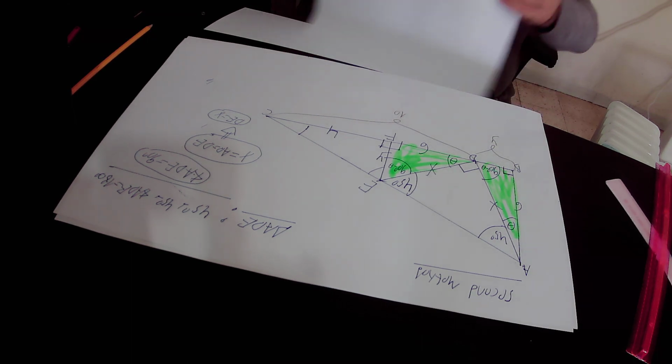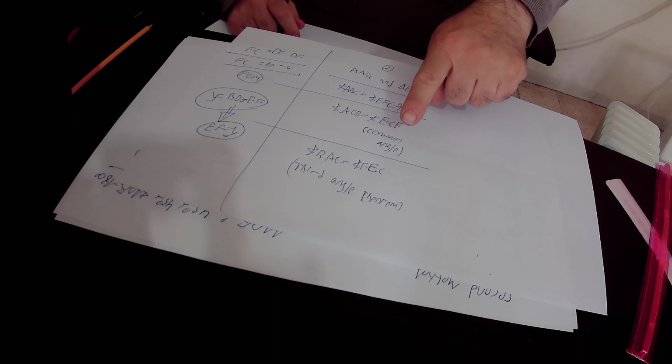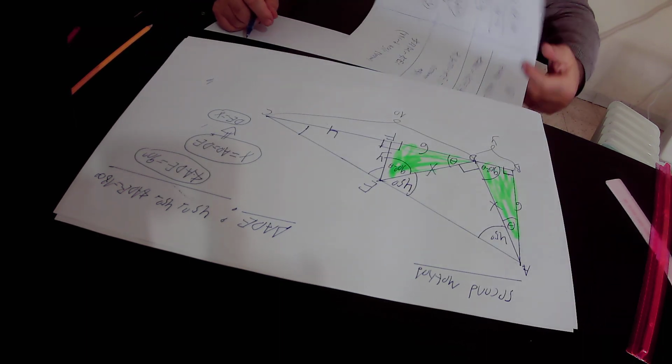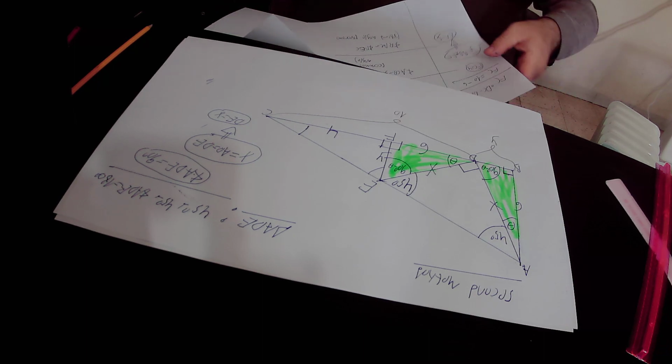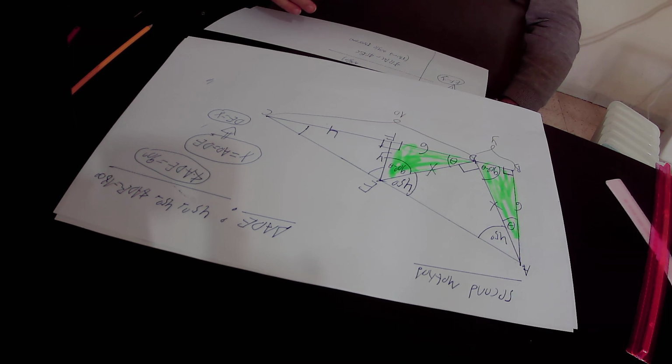I'll repeat again. Angle BAC equals angle FEC according to the third angle theorem. So what is the third angle theorem? If two angles in one triangle are congruent to two angles in another triangle, then the third pair of angles must also be congruent because the angles sum to 180 degrees.